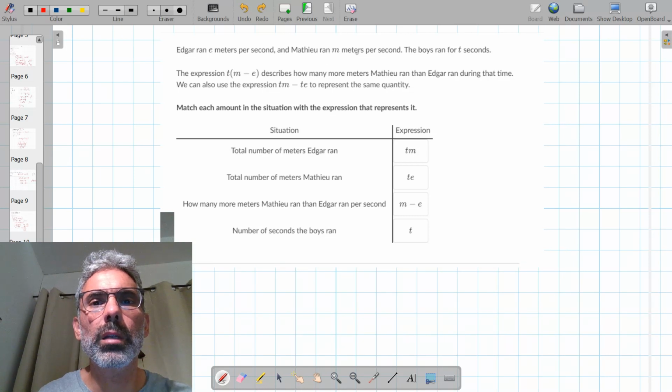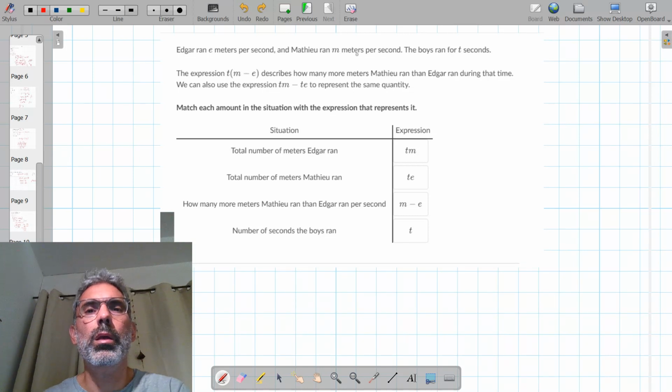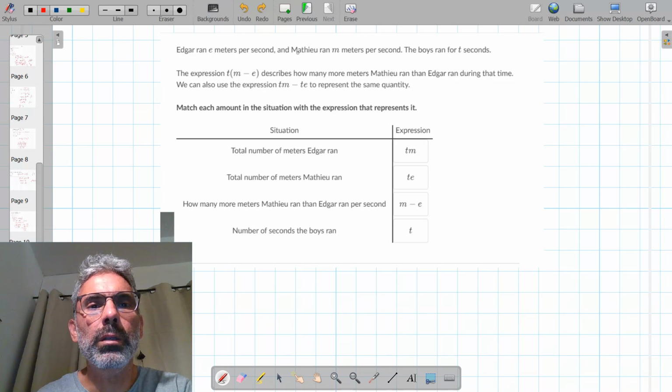M represents the number of meters per second that Matthew ran minus the number of meters e that Edgar ran.